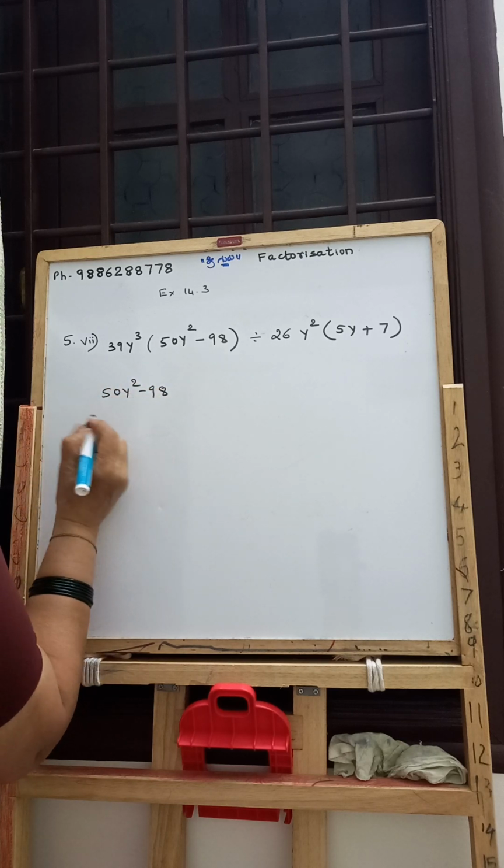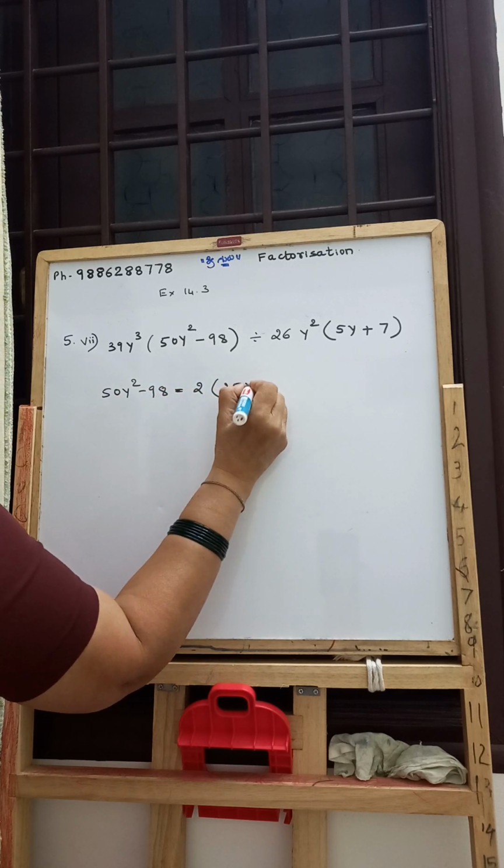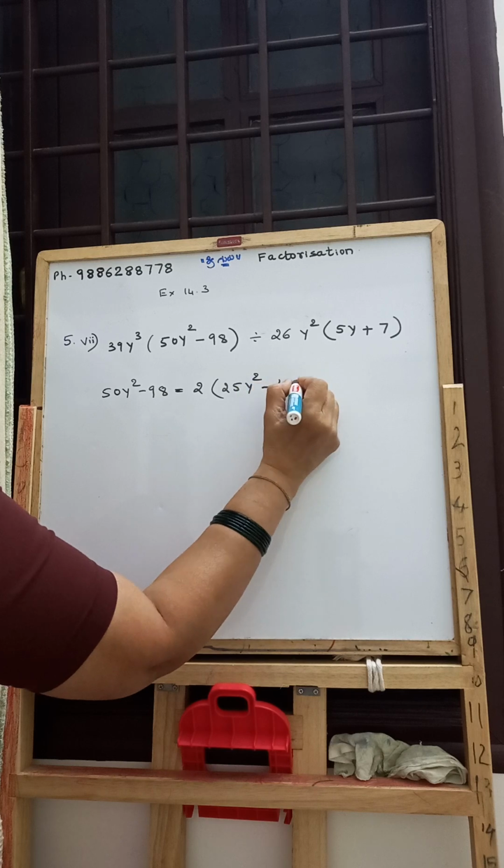Here 2 is the common factor. Taking 2 outside, we are left with 25y square minus 49.